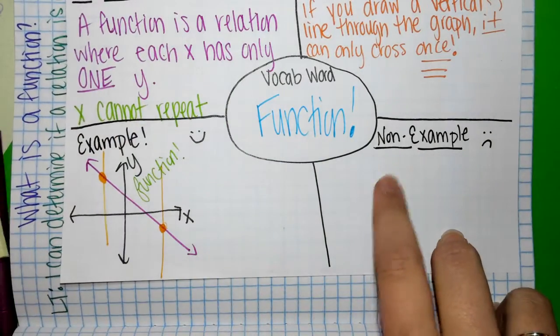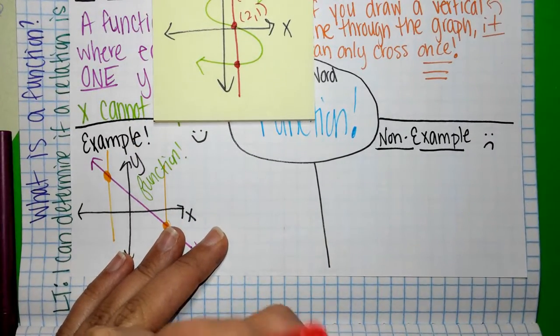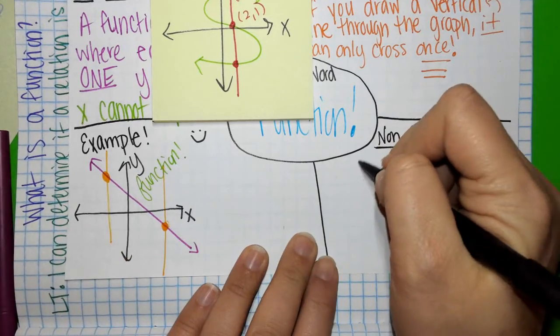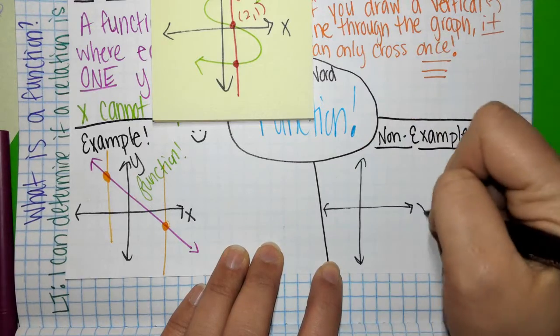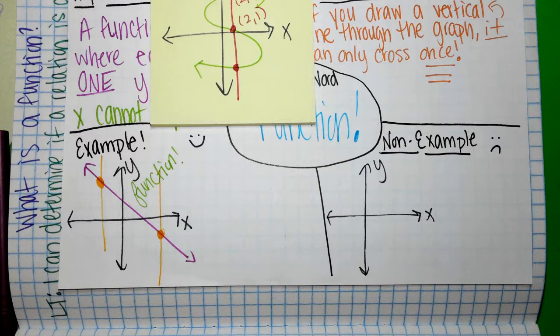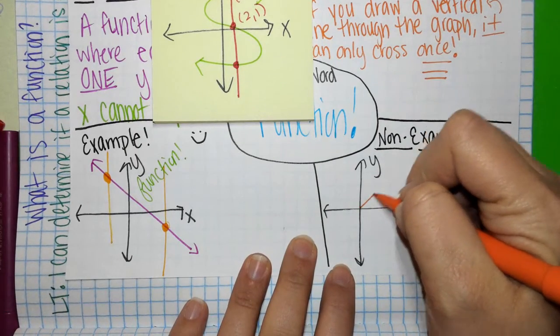Alright, so let's draw another non-example. Take your first color and draw an x and y axis. Take your second color and draw a graph that looks like this.